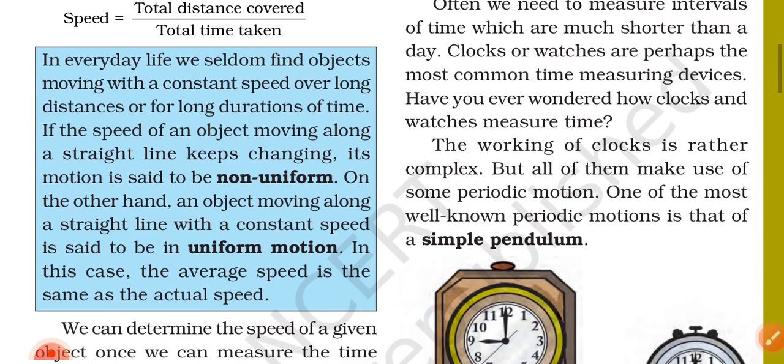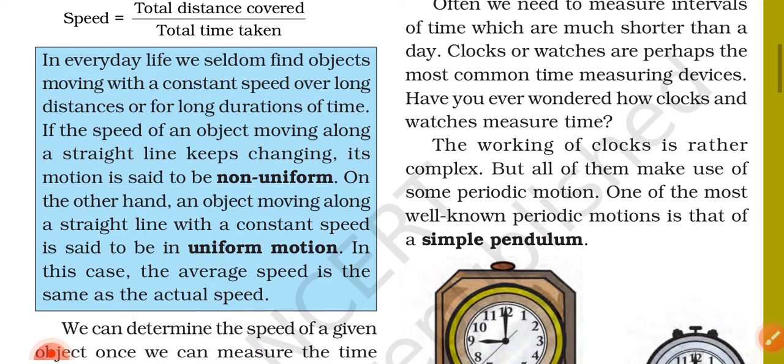In everyday life, we seldom find objects moving with a constant speed over long distances or for a long duration of time. If the speed of an object moving along a straight line keeps changing, its motion is said to be non-uniform. On the other hand, an object moving along a straight line with a constant speed is said to be in uniform motion.